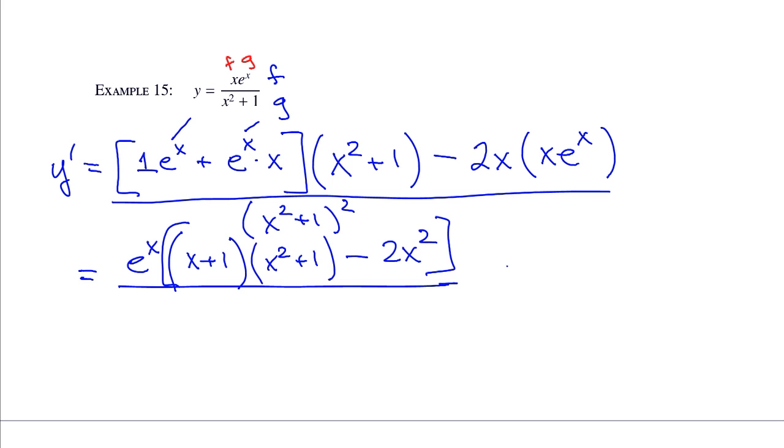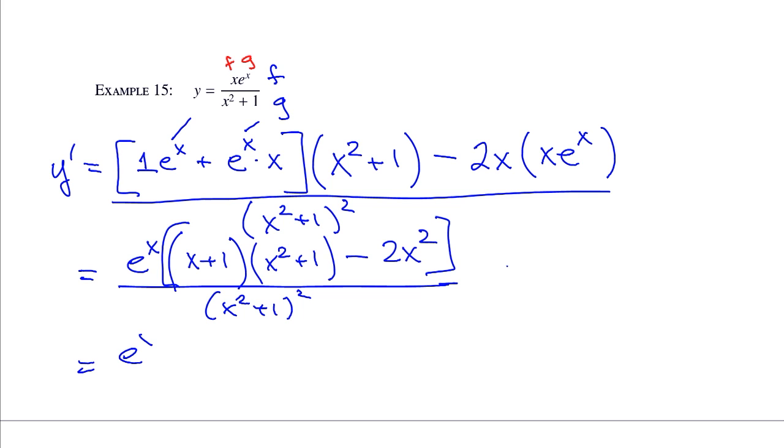Right? So when I factored out e to the x here, I now have e to the x times something. And then I have an e to the x over there. So I factored out an e to the x in front of everything. And then this piece is 1 plus x times this minus these three parts, 2x squared. We've got to simplify that in the next step.